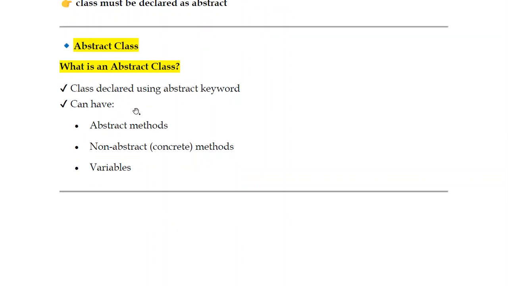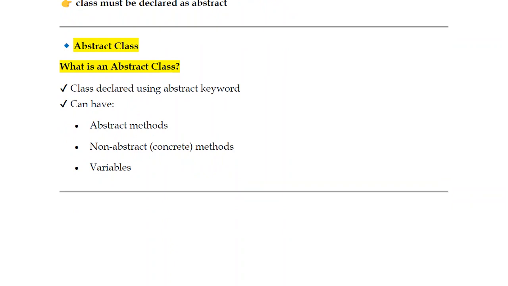Abstract class means you are declaring the class with the abstract keyword first of all. What can an abstract class have? It contains abstract methods and non-abstract methods, or we can call them concrete methods. We'll discuss what a concrete method is here itself. Third one, variables.